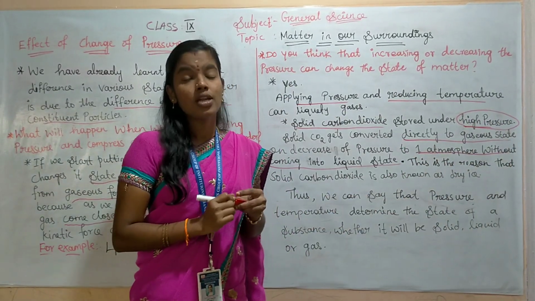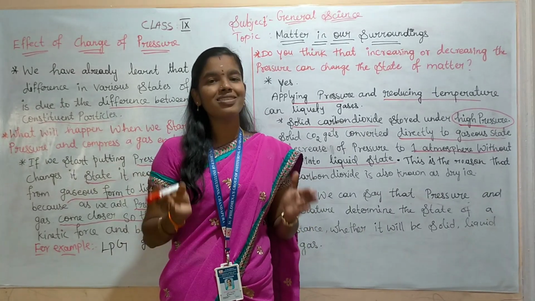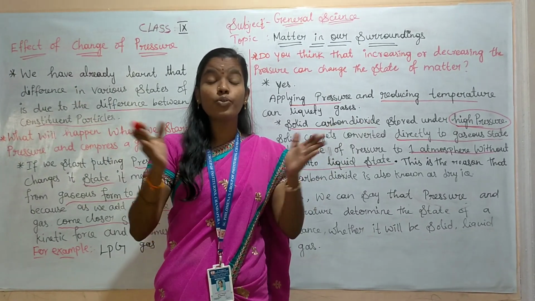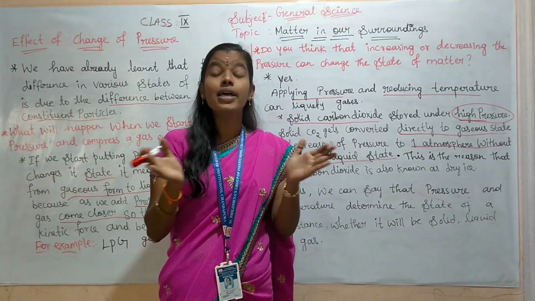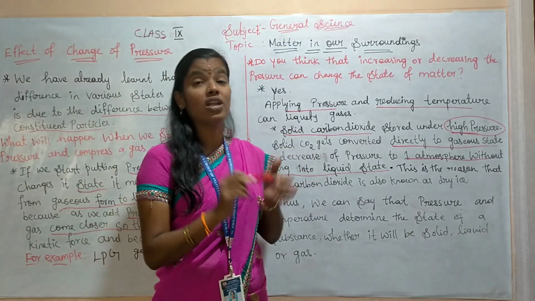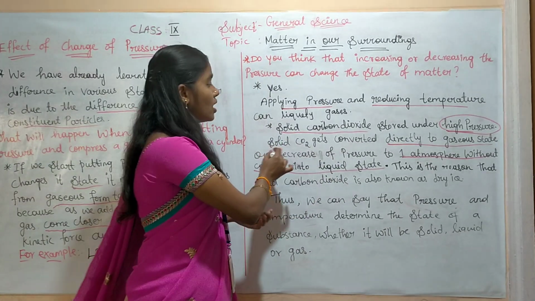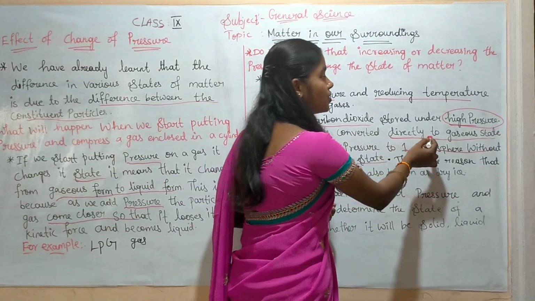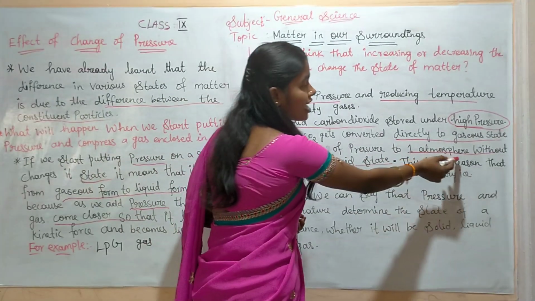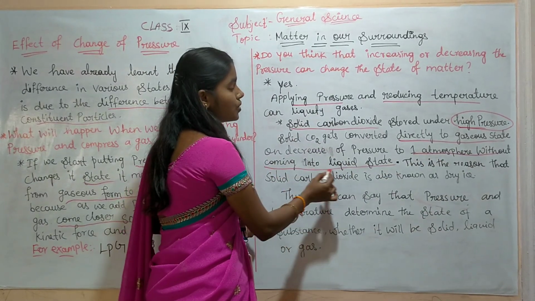We all know that normal carbon dioxide is in the gaseous form. What happens if we put pressure on carbon dioxide? It becomes solid, and we have to store that solid carbon dioxide under high pressure. Solid carbon dioxide gets converted directly to the gaseous state on decrease of pressure to 1 atmosphere, without coming into the liquid state.